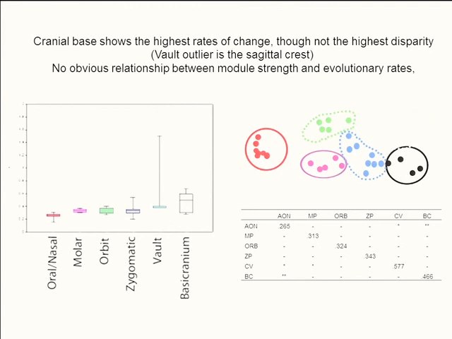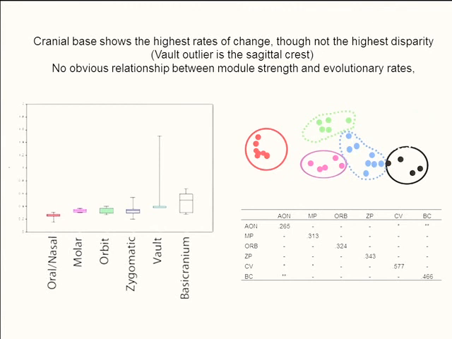And so what I've done is break this data set into the modules and look at whether there are significant differences among the different modules in rates of evolution, and also how this relates to measures of disparity for those same modules. What we find, very surprisingly, is that there are some significant differences among the modules, but they don't correlate with either patterns of disparity in those modules, nor with module strength.